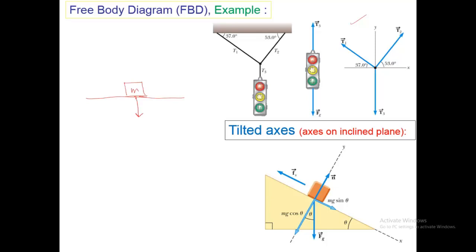The weight is the gravitational force, the force with which the earth attracts that object towards the center, vertically downward. So this is mg down, and the reaction is the normal reaction N. In this case, normal reaction N is equal to W, which is mg, when you are on the horizontal surface.